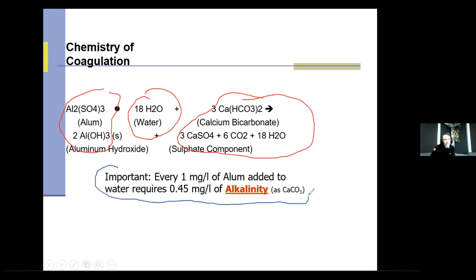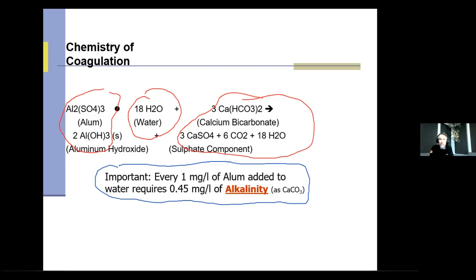Every 1 milligram per liter of alum added to water requires 0.45 milligrams of alkalinity. And alkalinity is measured as CaCO3, which is calcium carbonate. So that's really important to understand, that if I'm going to add 1 milligram per liter of alum, then I better have 0.45 milligrams per liter of alkalinity.